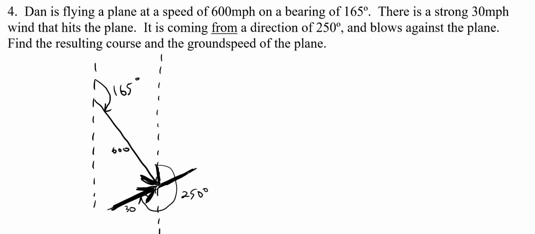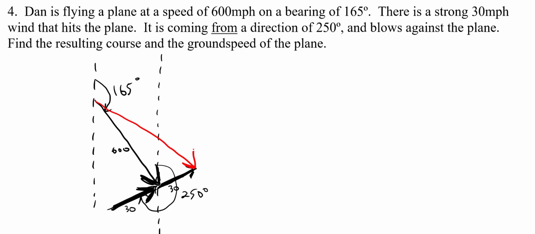I didn't do anything with it, I just moved it, keeping the same direction. This is the wind vector, and this is 30. And then we draw our resultant vector. That is the picture.